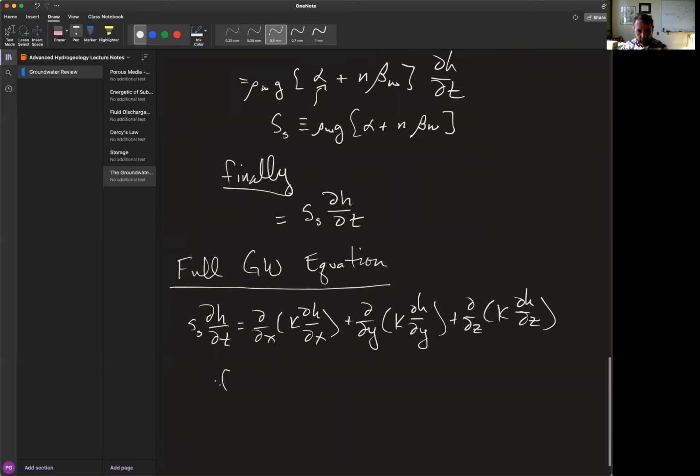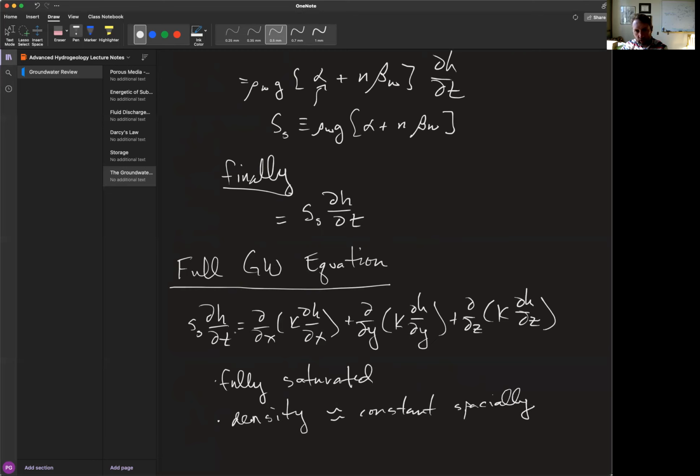This is valid for fully saturated conditions where my density does not change, where density is roughly constant in space. We've allowed for some change in density in terms of our storage term, but it doesn't affect our fluid flow really. So our density is constant spatially.